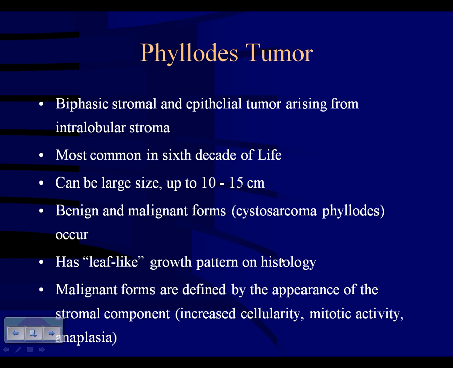It forms this leaf-like proliferation, due to the overgrowth of the stroma. Now, the malignancy is defined by findings of increased cellularity, pleomorphism, anaplasia, and mitotic activity. So the benign ones don't usually show the anaplasia and the mitoses, but the malignant ones do, and they will behave like malignant tumors and can metastasize.